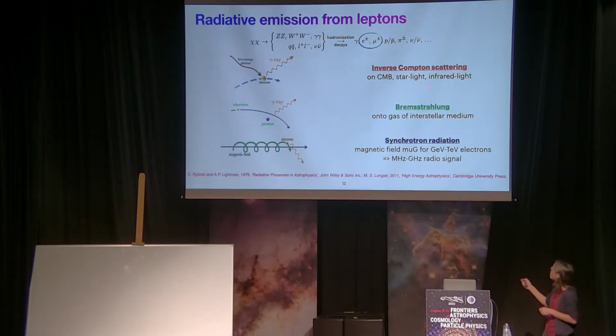So this is the inverse Compton, and the same is true also for dark matter, because whenever with dark matter annihilation or decay you end up having leptons produced, those leptons do not only contribute to the corresponding signal of charged cosmic rays like positrons and antiprotons, but they also contribute to the photon signal.